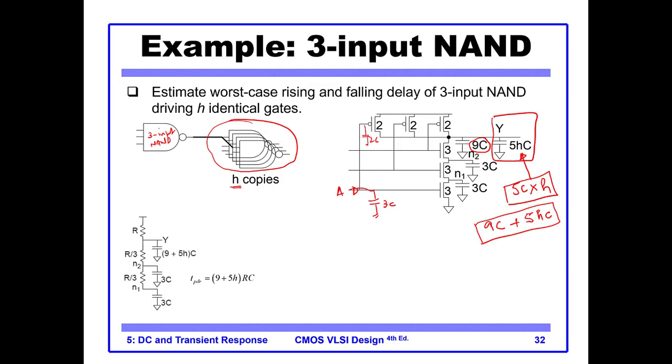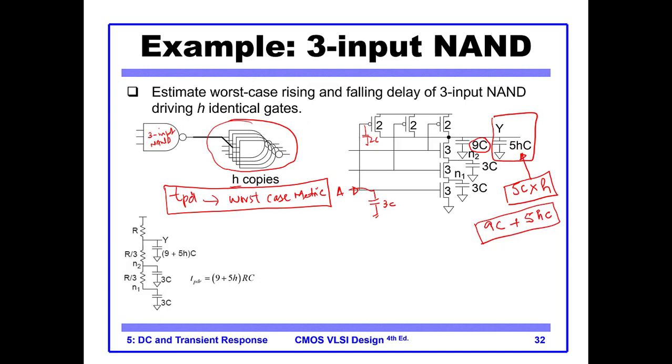okay, so there are two scenarios for the propagation delay. Propagation delay TPD is a worst case metric. It is important to understand what is meant by worst case.